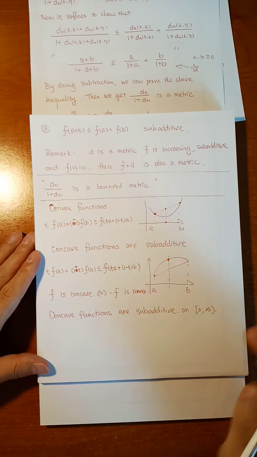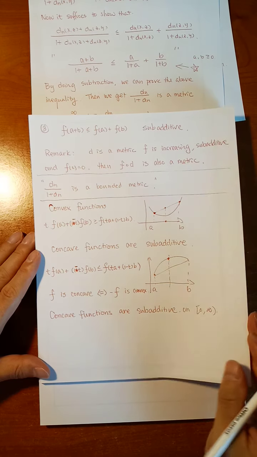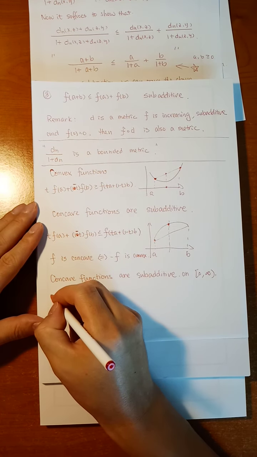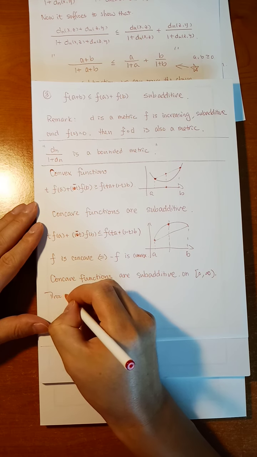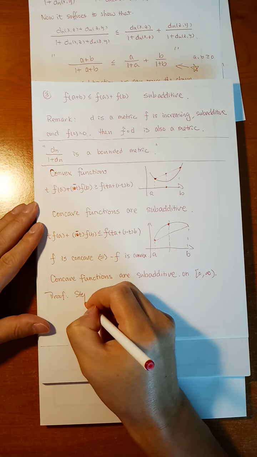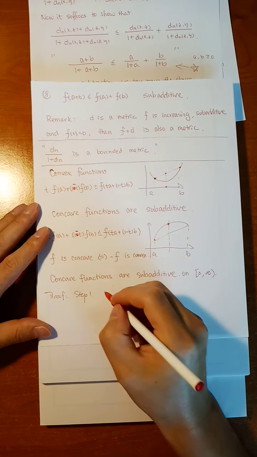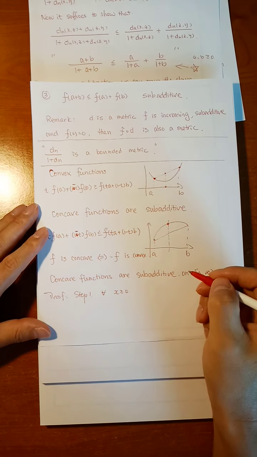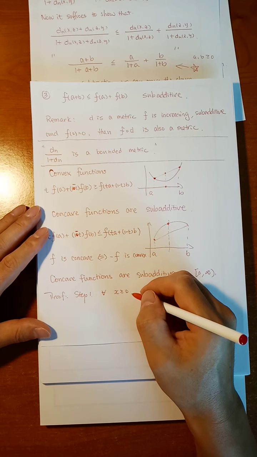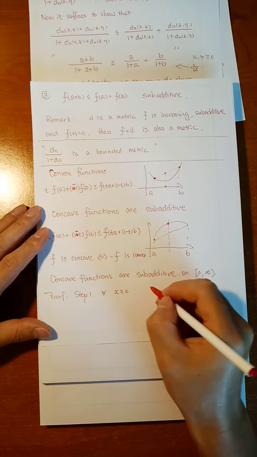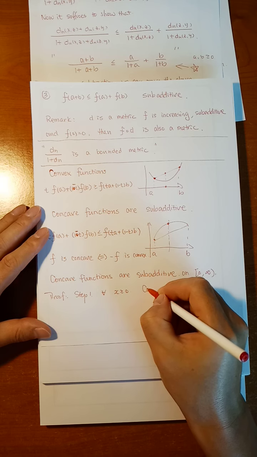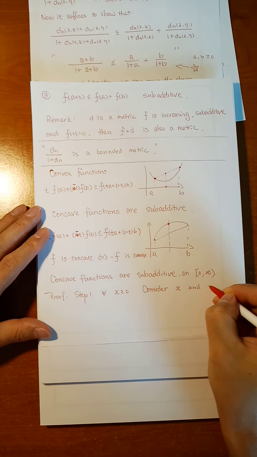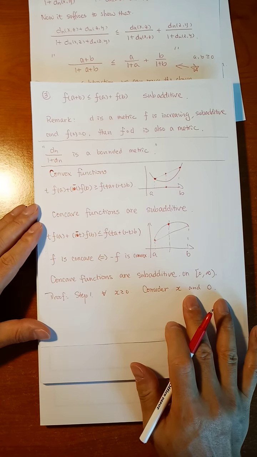How do we show it? Okay, so let's try to prove it. We have a two-step proof. Step 1: for any x greater than or equal to 0, we consider the pair x and 0.